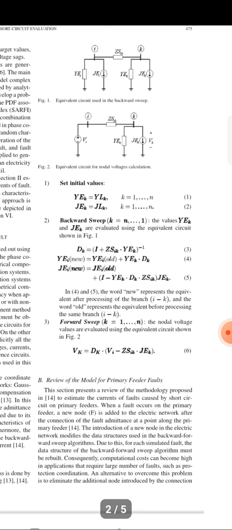Due to this, the data structure of the backward-forward sweep algorithm must be rebuilt. Consequently, computational cost can become high in applications that require a large number of faults, such as protection coordination. An alternative to overcome this problem is to estimate the additional node introduced by the connection.